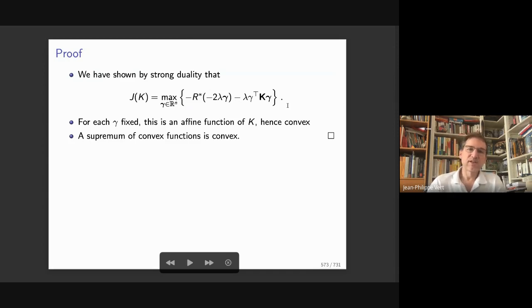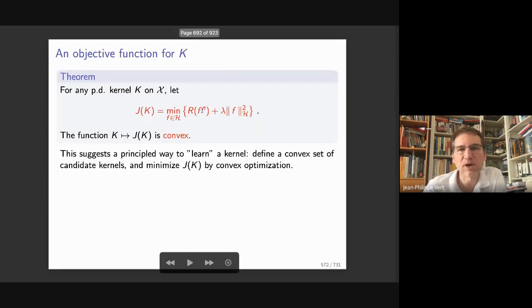The interesting part in the equation is that we see very clearly where the kernel is hidden. If I take the primal form, the kernel is hidden in what the RKHS is and what the norm in the RKHS is.